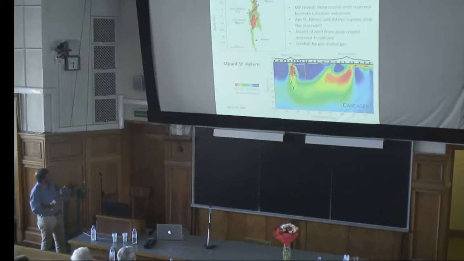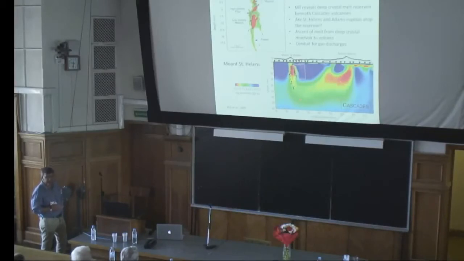The Juan de Fuca plate is subducting like so, and St. Helens and Mount Adams are roughly along a line perpendicular to the trench, and this is again a magnetotelluric study. This is showing resistivity now, so low resistivity here is some sort of deep melt layer. There's currently a big project to refine that.